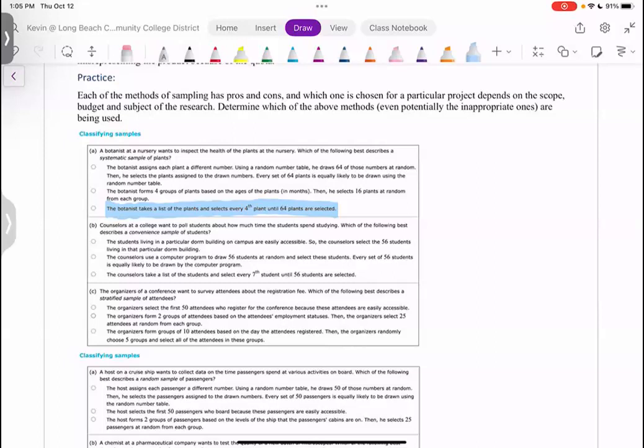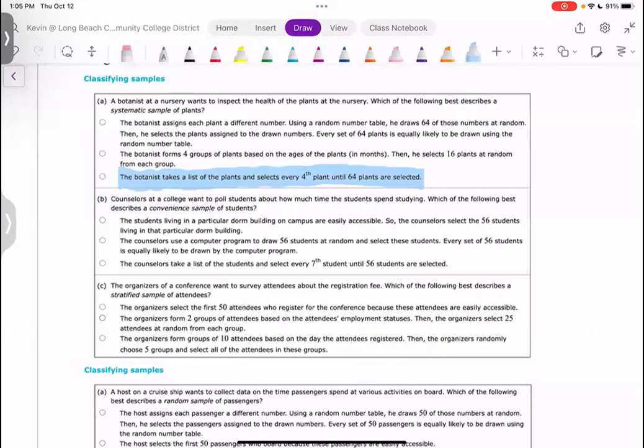Part B. Counselors at a college want to poll students about how much time students spend studying. Which of the following best describes a convenience sample of students? First one. The students living in a particular dorm building on campus are easily accessible, so the counselors select 56 students living in that particular dorm building. That sounds like convenience sampling to me. The counselors use a computer program to draw 56 students at random and select these students.